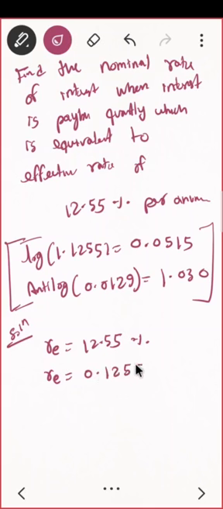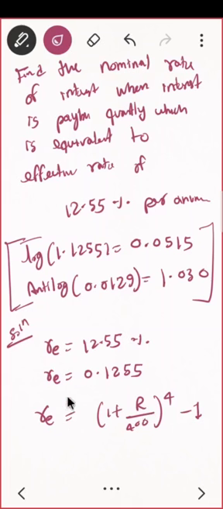Correct. So you just have to put it in the formula. What is the formula? R equal to 1 plus R upon what? Correct. You have to put it here and you have to get the value of R. So you have to take the 4th root of that. I think that's why they have given log.